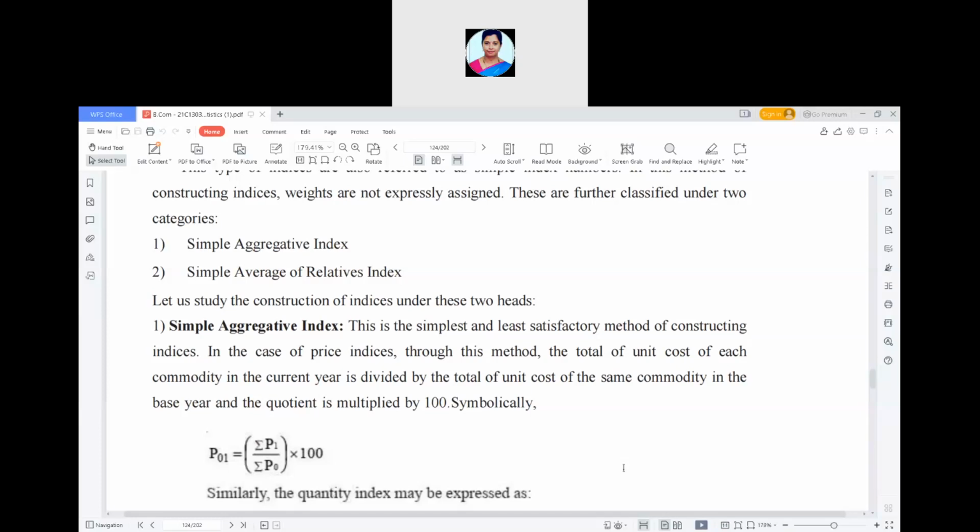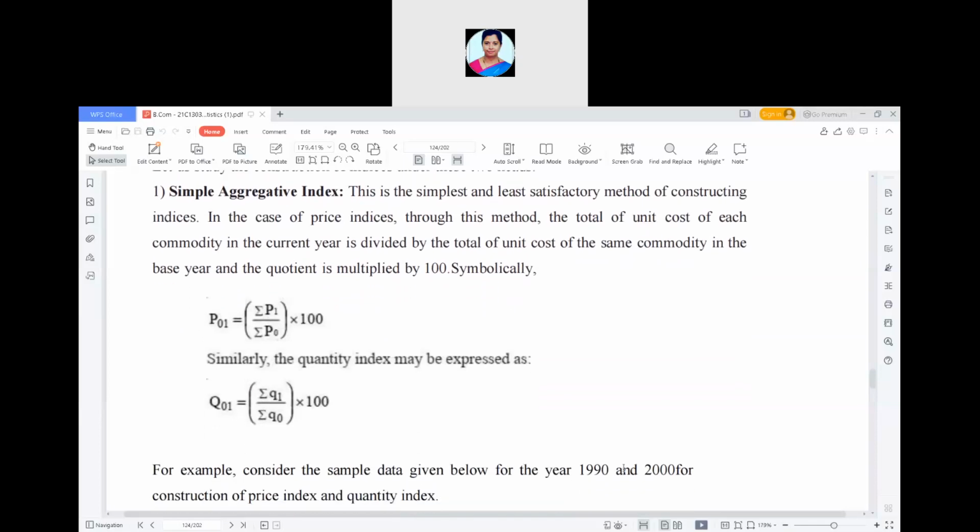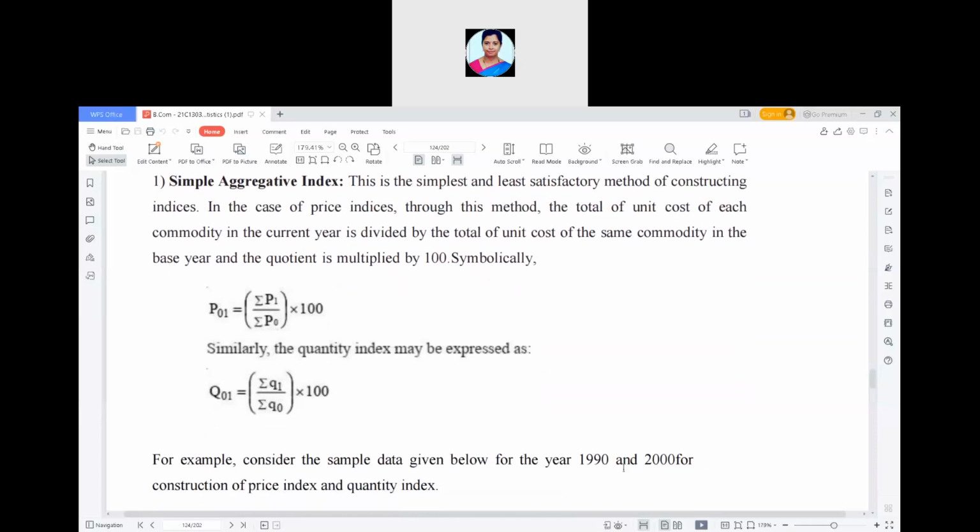This is a very simple method, and as usual the same can be applied for quantity indexes. Q naught 1 equals summation Q1 by summation Q0 into 100. Summation Q1 is the total of current year quantity for various commodities, and summation Q0 is the total of base year quantity.